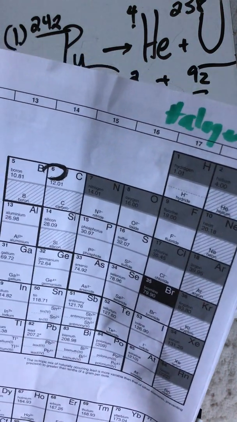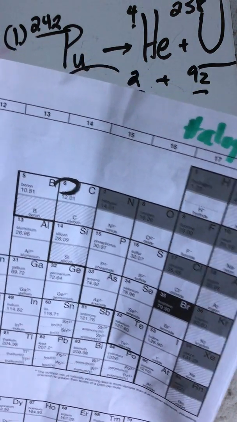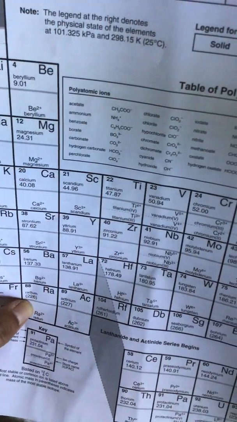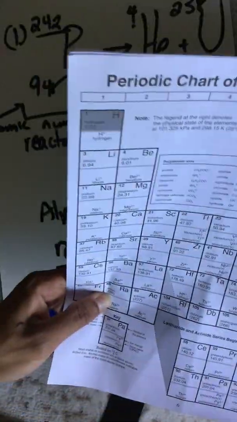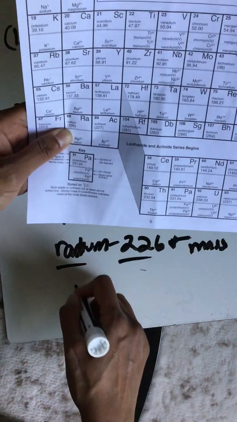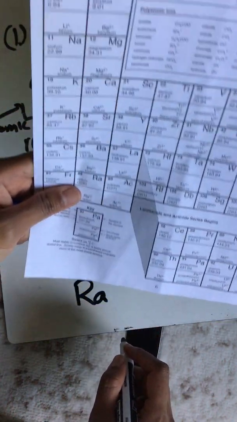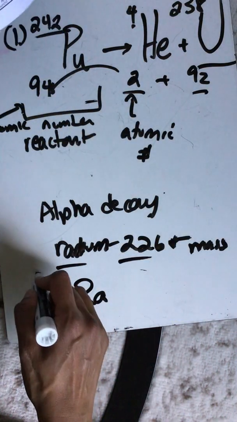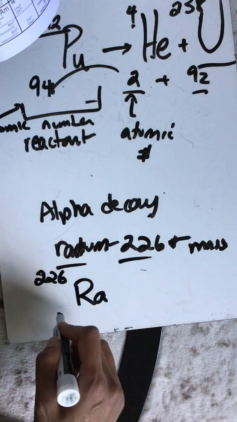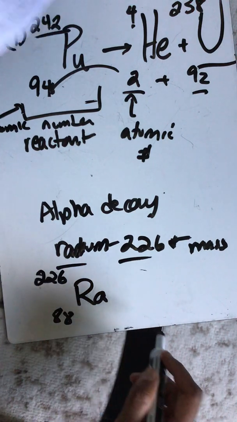Where are you, radium? It's right here, number 88, radium. So 226 is the mass, goes up here, and 88 is the atomic number.